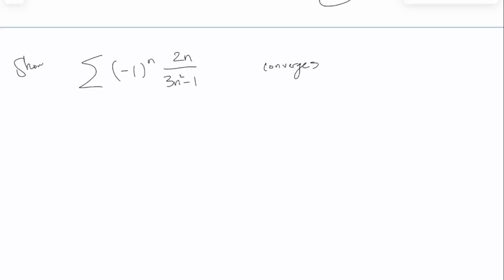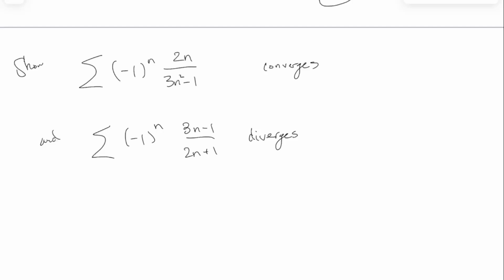I made sure to check very carefully that these are actually doable using the methods under discussion. All right? So, show that this one converges. And I got a second one here. You will see ones like this on the homework for this section.